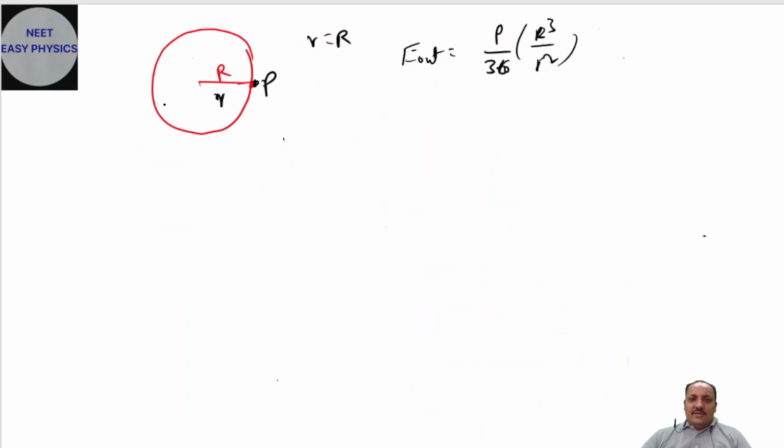Now see here, small r equal to capital R. Whenever small r is equal to capital R, E outside is equal to rho by 3 epsilon naught, R cube by r square.